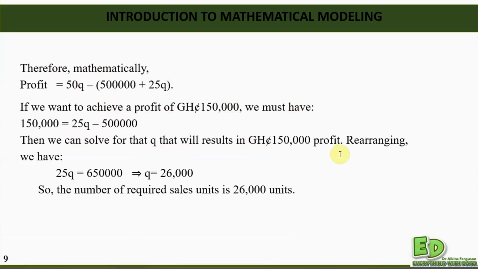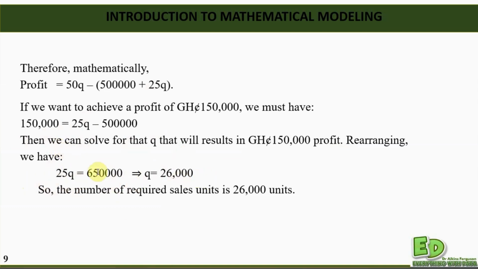So doing your grouping of like terms, I would say will give you 25Q is equal to 150,000 plus 500,000, and that should give you 650,000, right? And then you have Q to be 26,000.